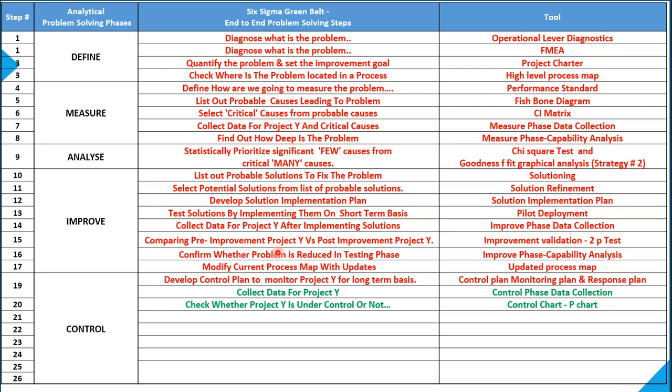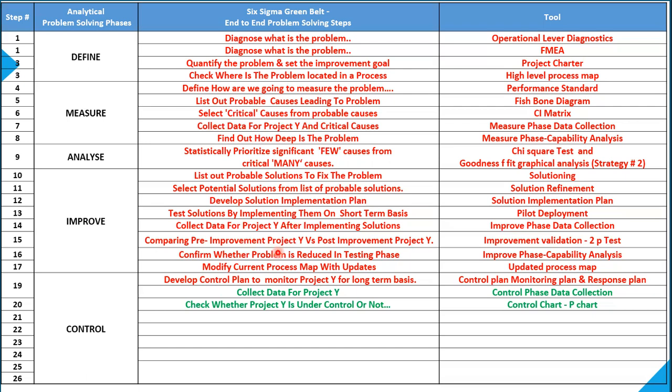So you will just hand over the guiding document to them: how to implement the solutions, what different probable challenges are going to come, and how to tackle those things. All these things will be covered in the control plan. The control plan has a monitoring plan, which monitors Y and the significant X's which we found in the analyze phase, and a response plan, which talks about the solutions.